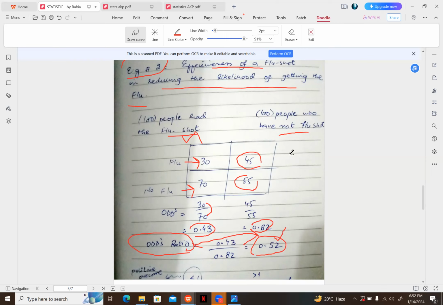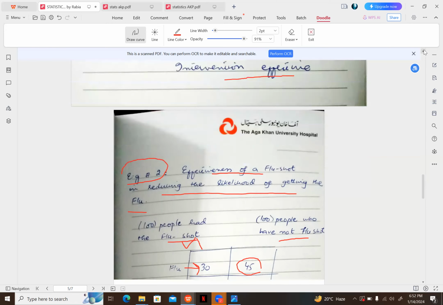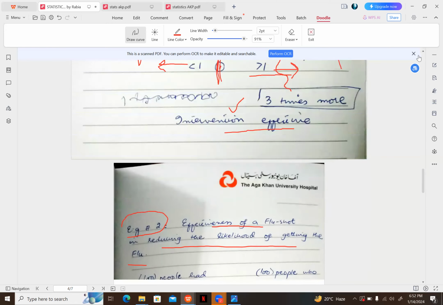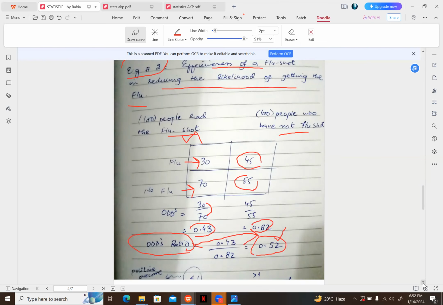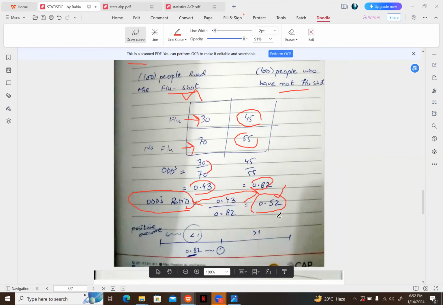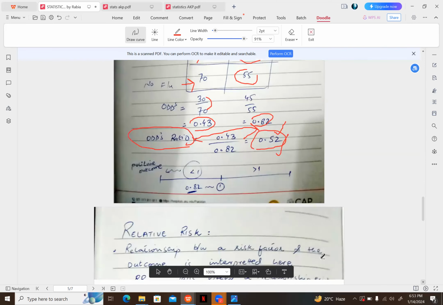Are you getting my point? I just want to make it clear that sometimes more than 1 is a positive result, like in this case, 3.3 is a good signal for us. And sometimes less than 1, like 0.52, is a good signal for us. I have drawn this here. Look, this horizontal line, the center is 1.